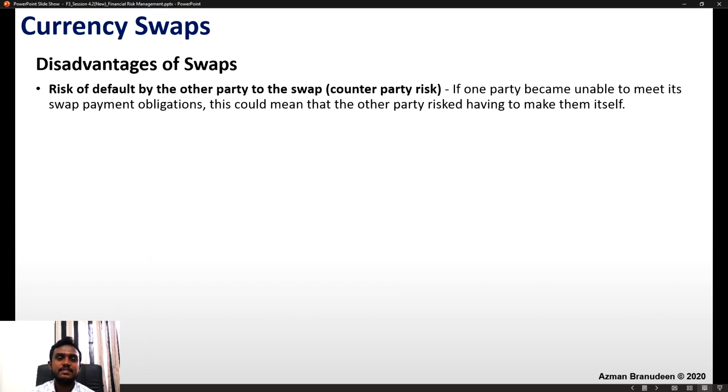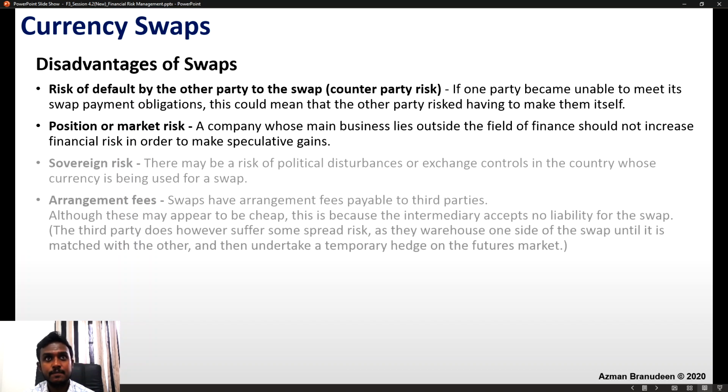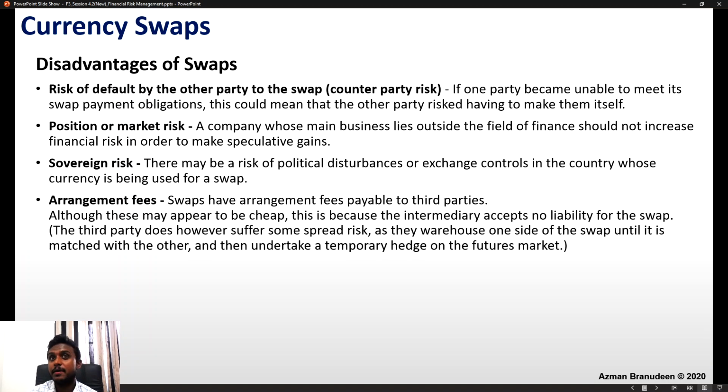Disadvantages: there is always the risk of default by the other party to the swap. Position or market risk: the company whose main business lies outside the field of finance should not increase financial risk. Sovereign risk: there may be a risk of political disturbance or exchange controls in the country whose currency is being used for a swap.